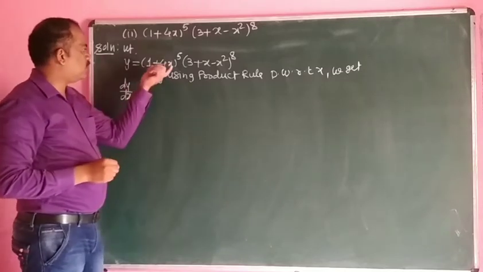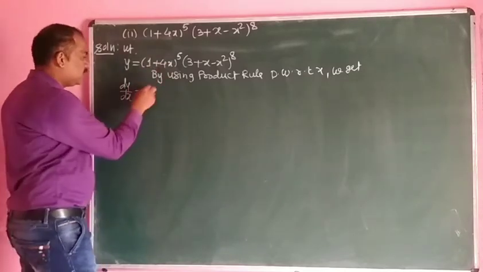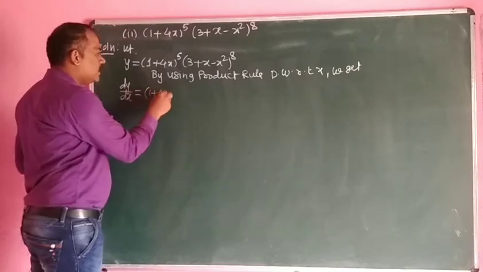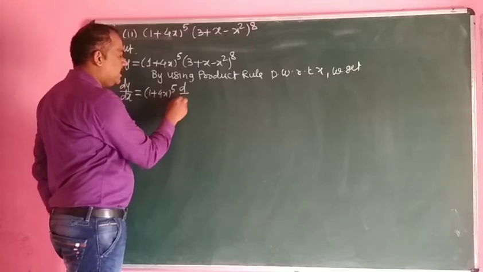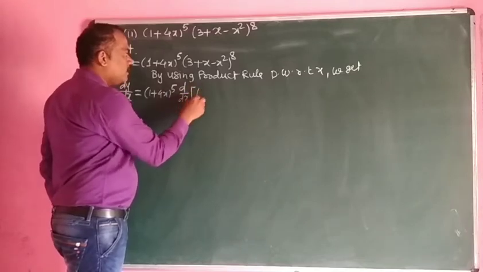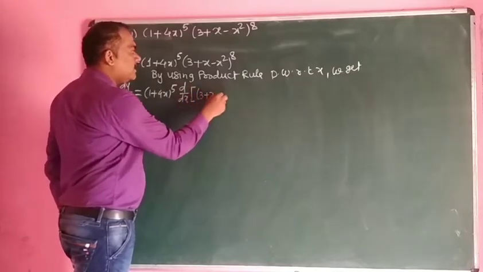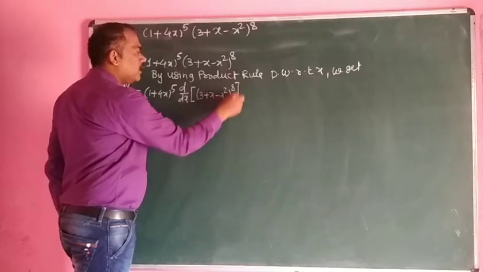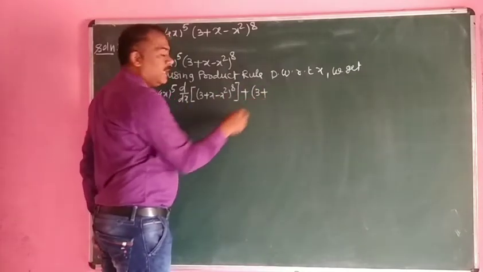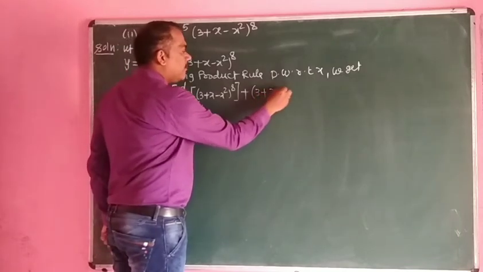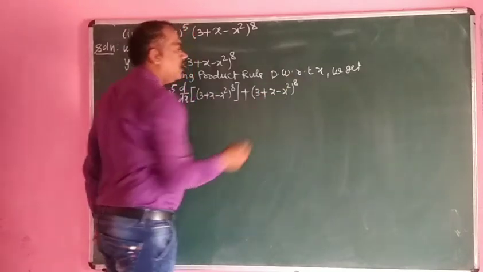By using the product rule, first function keep as it is, 1 plus 4x raised to 5 as it is. Derivative of the second function, that is d/dx of 3 plus x minus x square raised to 8, plus second function keep as it is, 3 plus x minus x square raised to 8.